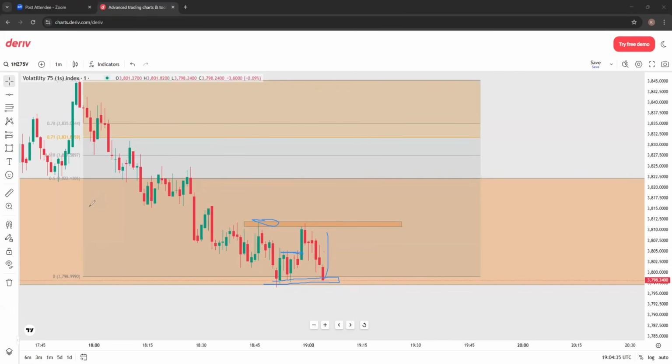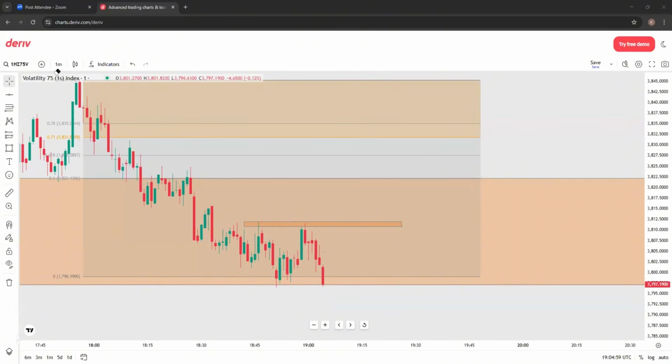But as long as it's giving us those change of characters, sometimes we don't really want to start entering very early. Why? Because we are in M1. Until we get a full break of structure, we can now start getting in our trade. But for us to buy at this area, it makes sense.